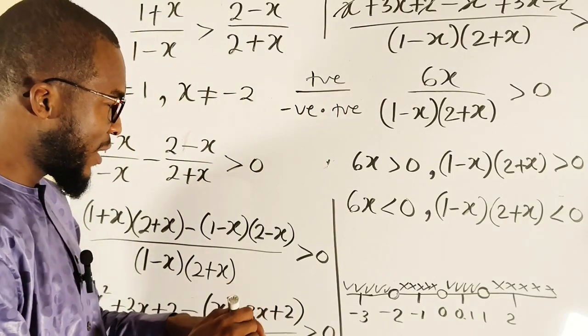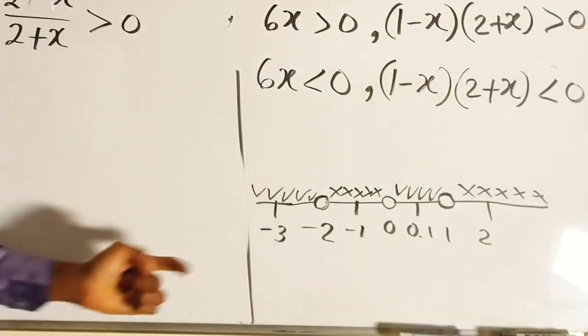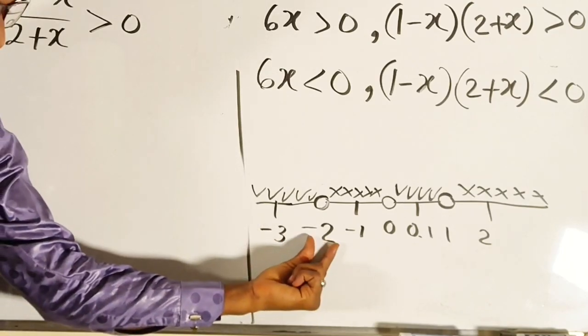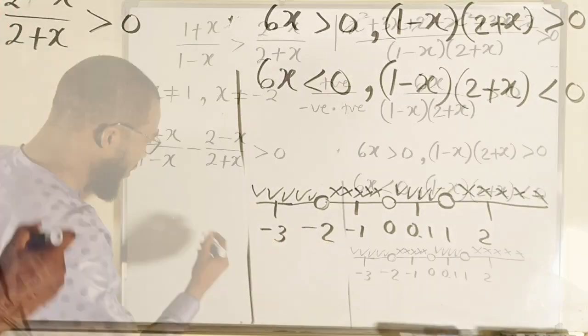Let me conclude here. So you can see our solution is from negative infinity down to negative 2, excluding negative 2.